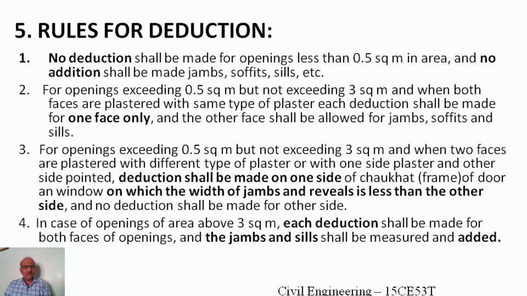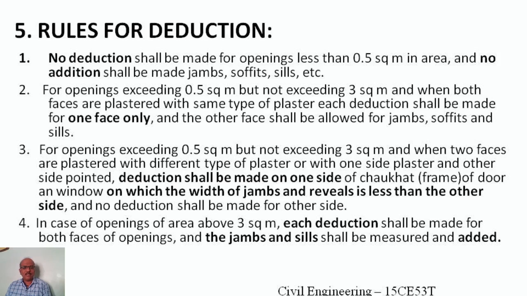The next one is for the openings exceeding 0.5 square meter but less than 3 square meter, when the two faces have different types of plaster, maybe internal plaster or external plaster. The thickness of the internal plaster will be different and external plaster will be different. Even the rate for the internal plastering and outer plastering will also differ. Or if the inside plastering is done and external pointing is done, in such cases the deductions shall be made only on the one side where the width of jambs, sills and soffits are less.